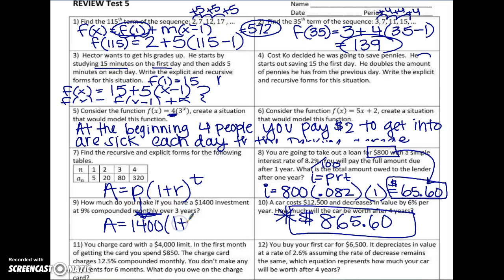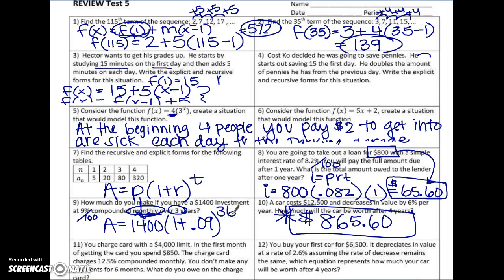1 plus 9% as a decimal, so divide 100 is 0.09 to the power of not just 3 because it's compounded every month. So how many times that would be for 3 years? Well, 12 months the first year, 12 makes 36.